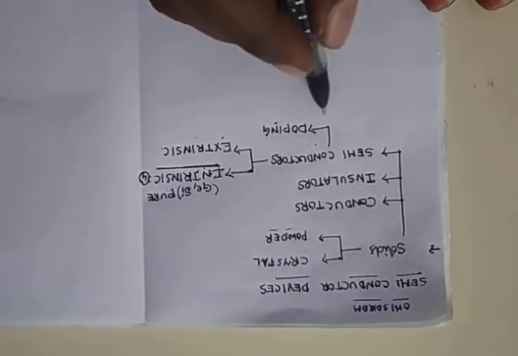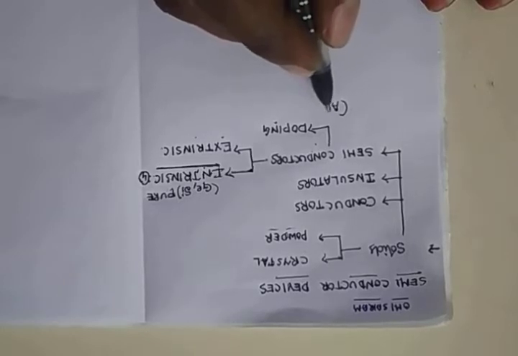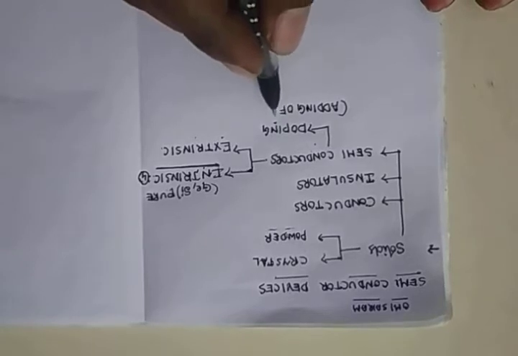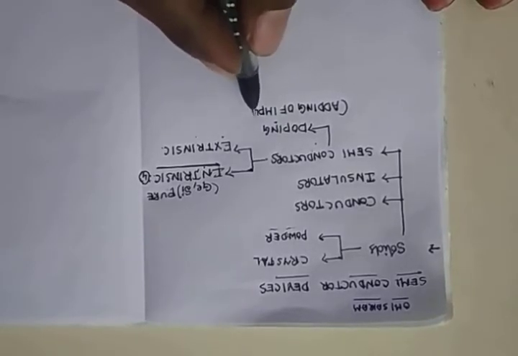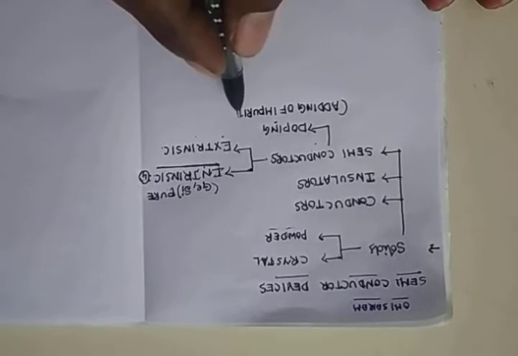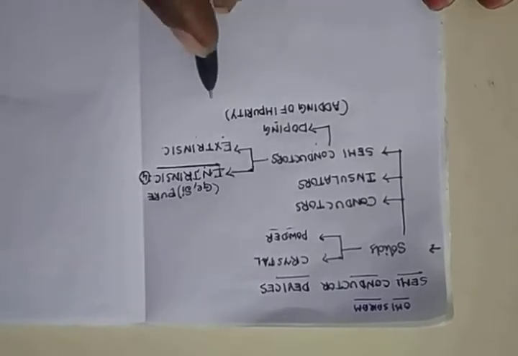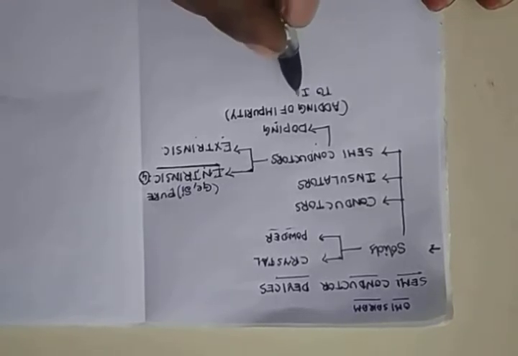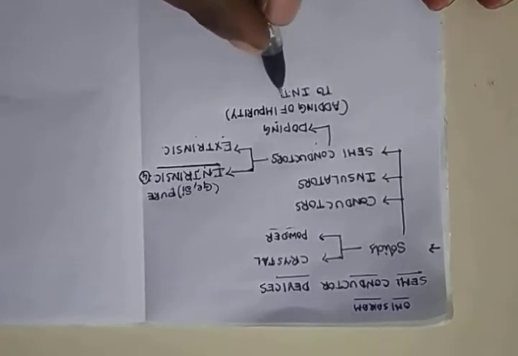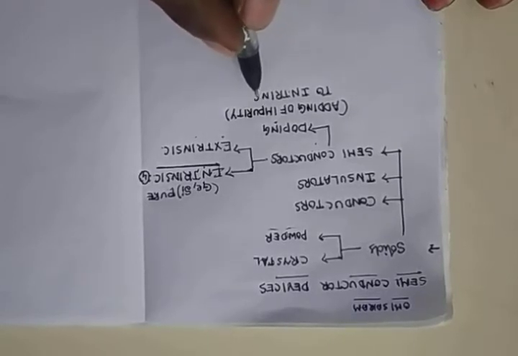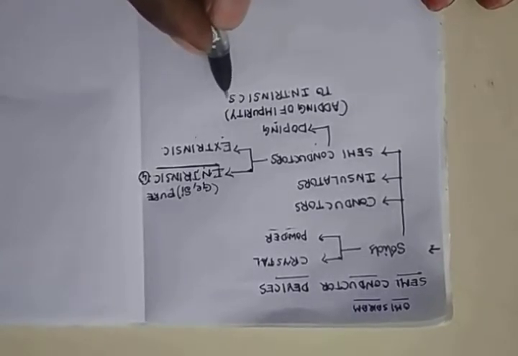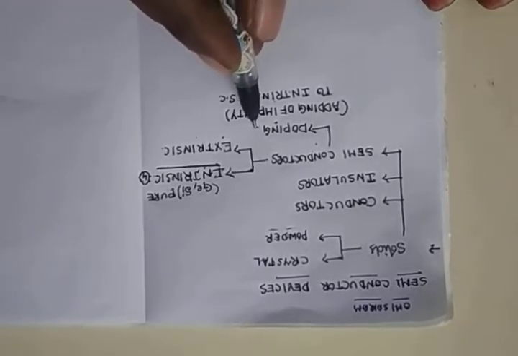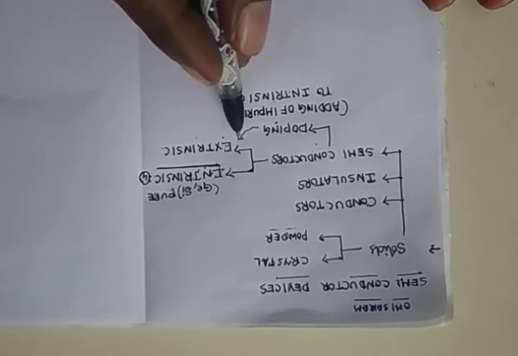So, doping means adding of impurity to intrinsic semiconductor. Adding of impurity to intrinsic semiconductor will give what? Extrinsic semiconductor.